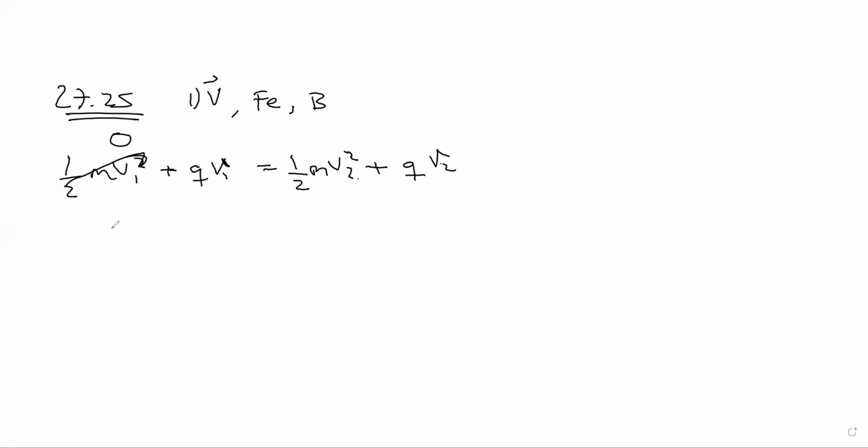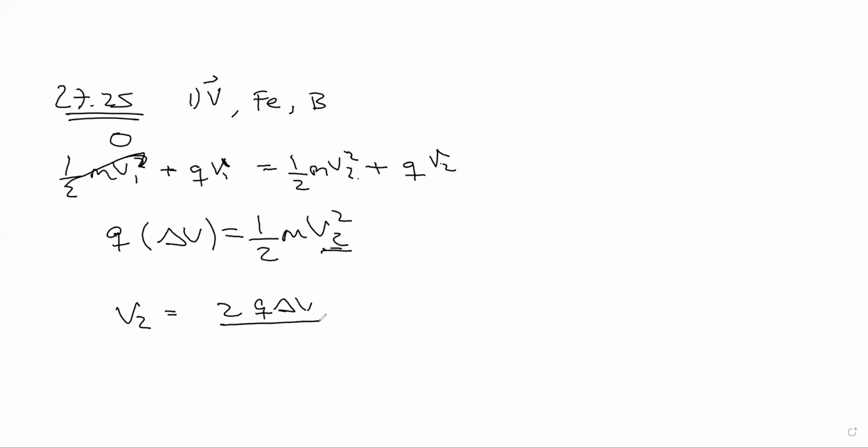So subtracting kV2 from the right side of the equation, we have that q delta V is equal to 1/2 mv2 squared. Now I solve this for velocity. So V2 is equal to the square root of twice q delta V over m. There we go.